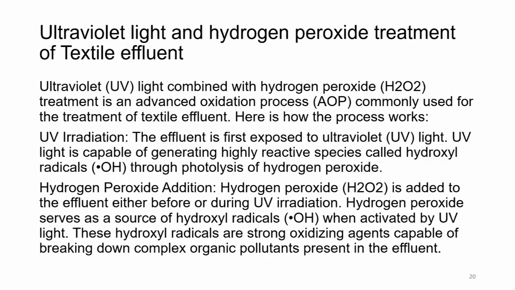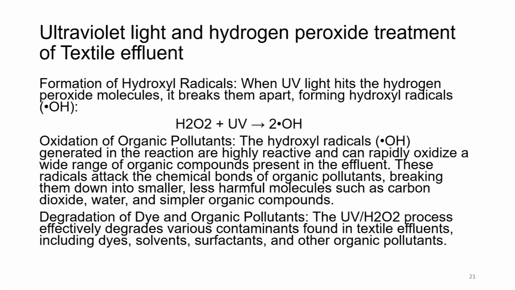Hydrogen peroxide is added to the effluent either before or during UV radiation. Hydrogen peroxide serves as a source of hydroxyl radicals when activated by UV light. These hydroxyl radicals are strong oxidizing agents capable of breaking down complex organic pollutants present in the effluent.